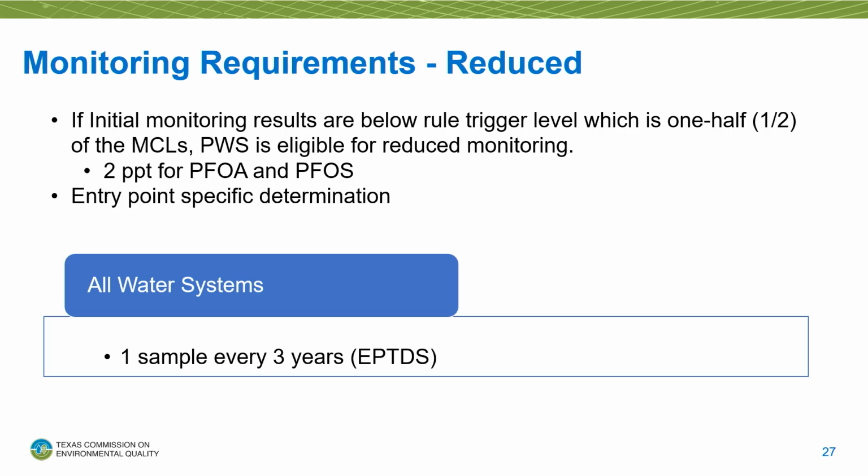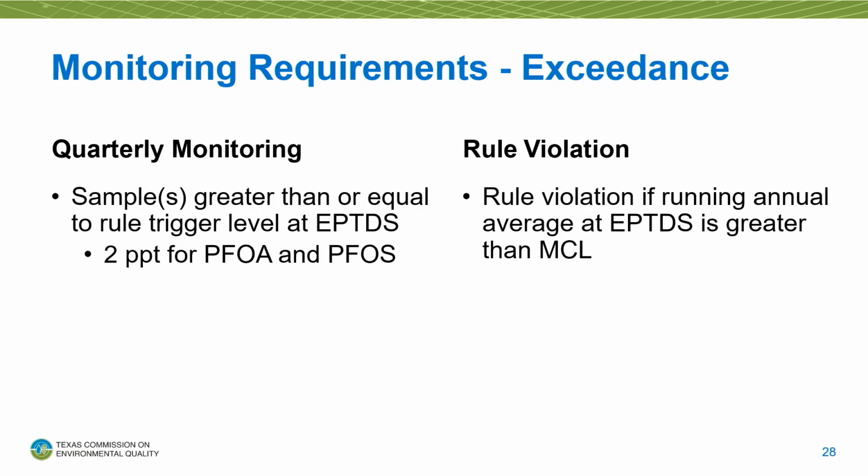So after initial monitoring, if there is an exceedance, the samples would have to go on to a quarterly schedule. So if the initial monitoring samples are greater than or equal to the trigger level, which is, again, 2 parts per trillion for PFOA and PFOS, then they'd have to go on quarterly monitoring.